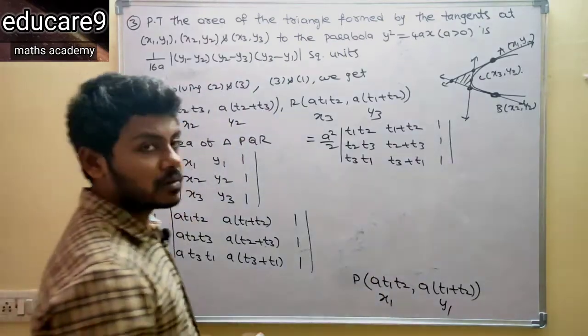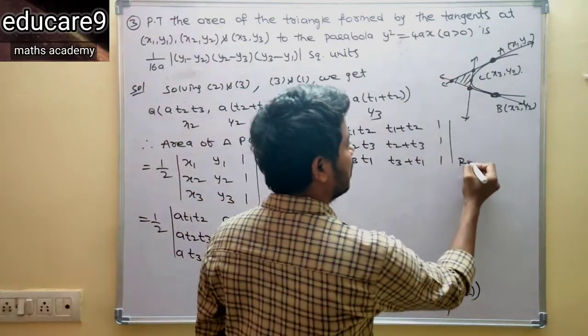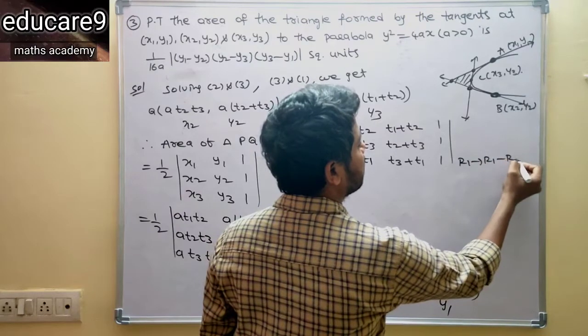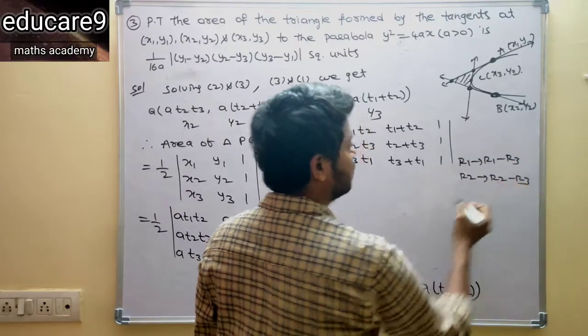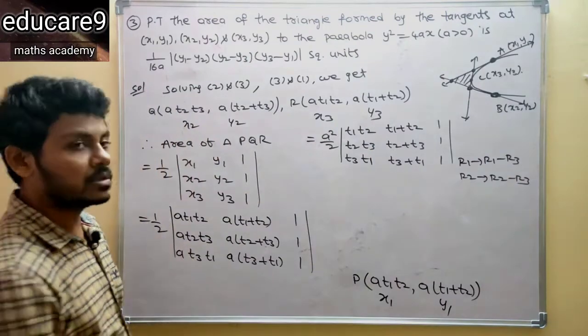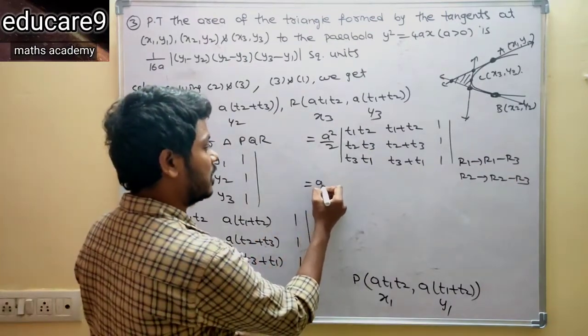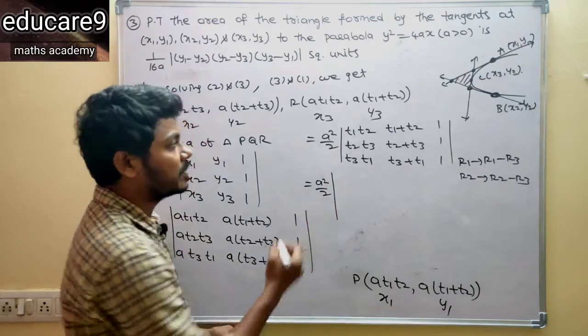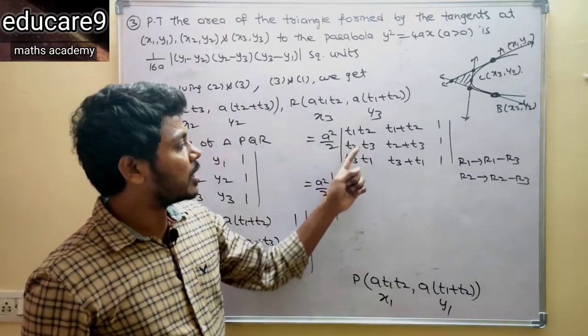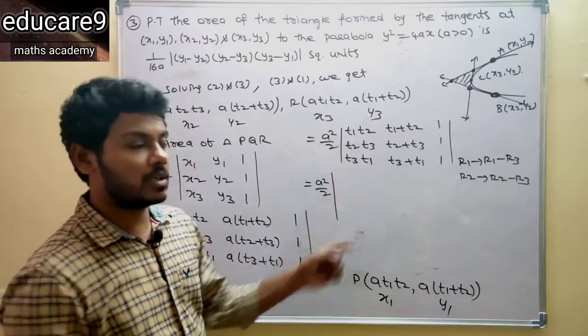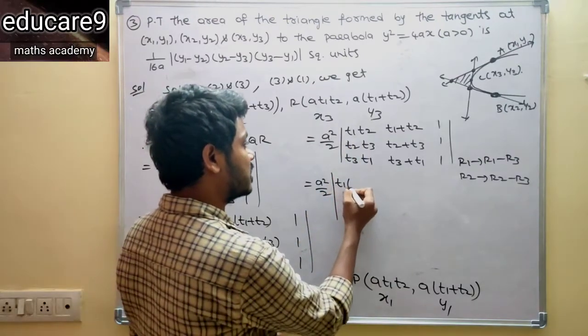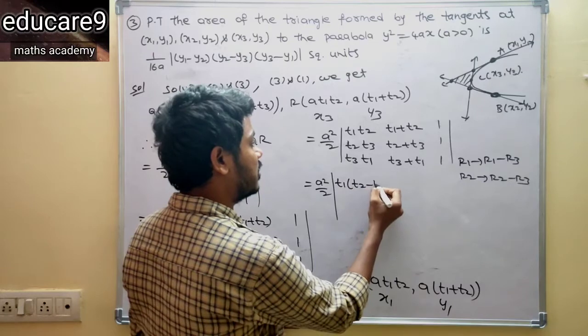Okay. Now see here, R1 becomes R1 minus R3 and R2 becomes R2 minus R3. So do row operations. What you get is a square by 2 into t1 t2 minus t3 t1. In both terms t1 is common, so you will get t2 minus t3.